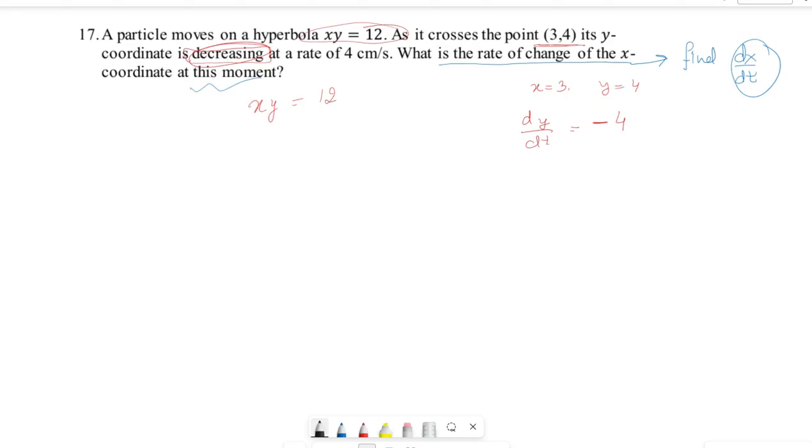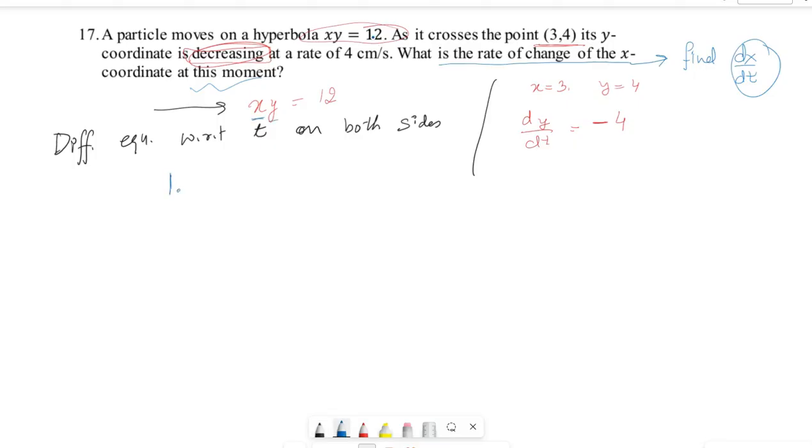Now we have this equation given. The first step would be differentiate equation with respect to time on both sides. Now remember, these are related rates questions. Here x and y both are dependent variables on a third variable, which is t. So when I differentiate this, this is product of two functions.